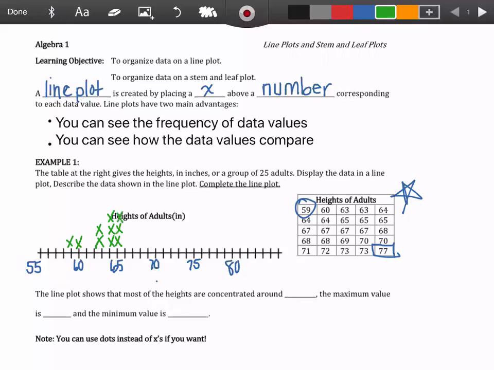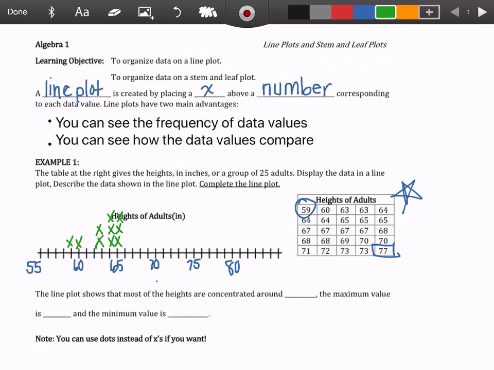And then 67, there's 4 of them. So there's no 66. And since there's no 66, we're not going to put anything above 66. We're going to go past 66 to 67.